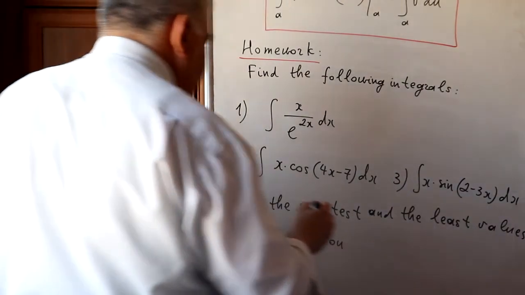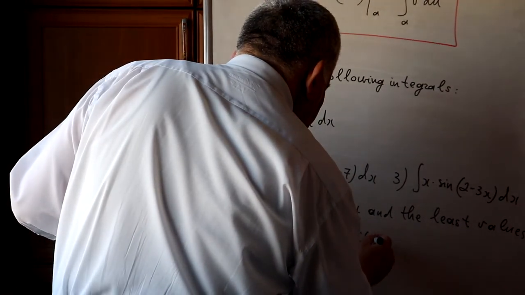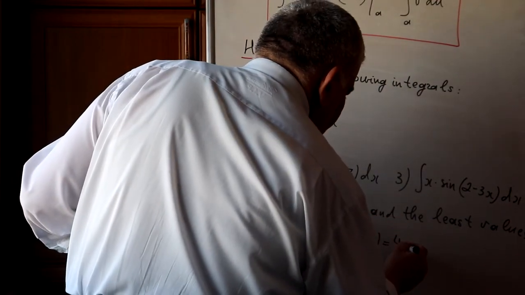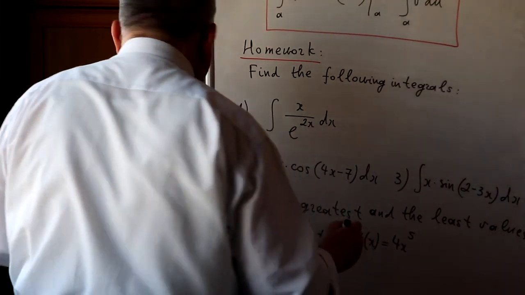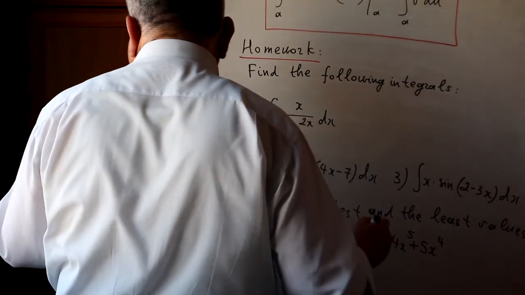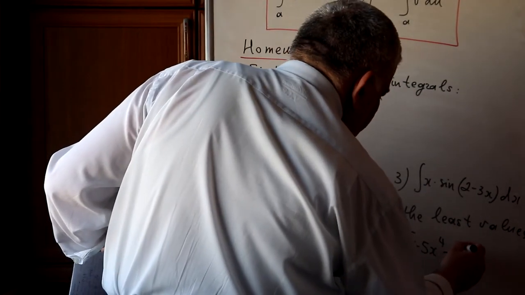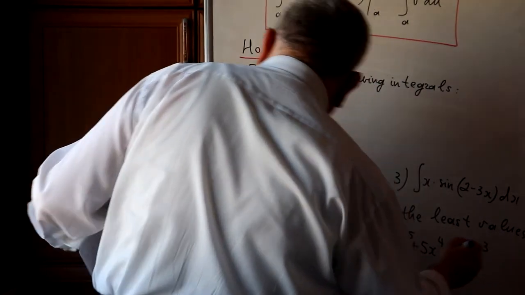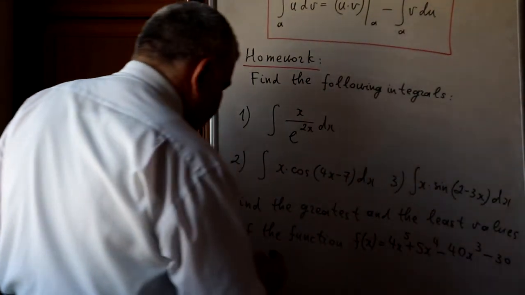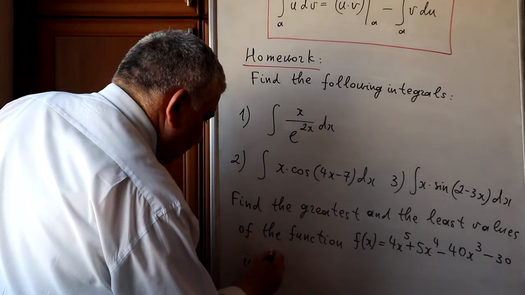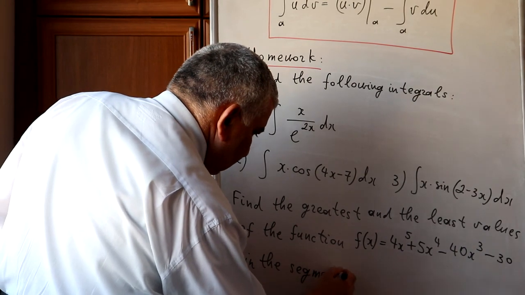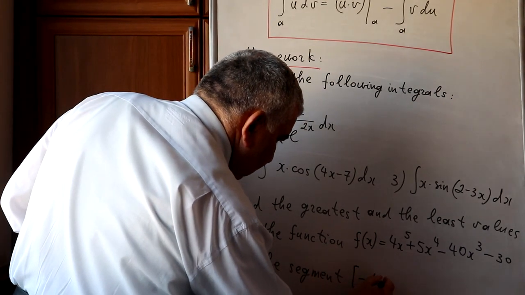This function f of x is equal to 4x to the power 5 plus 5x to the power 4 minus 40x cubed minus 30 in the segment from minus 1 to 4.